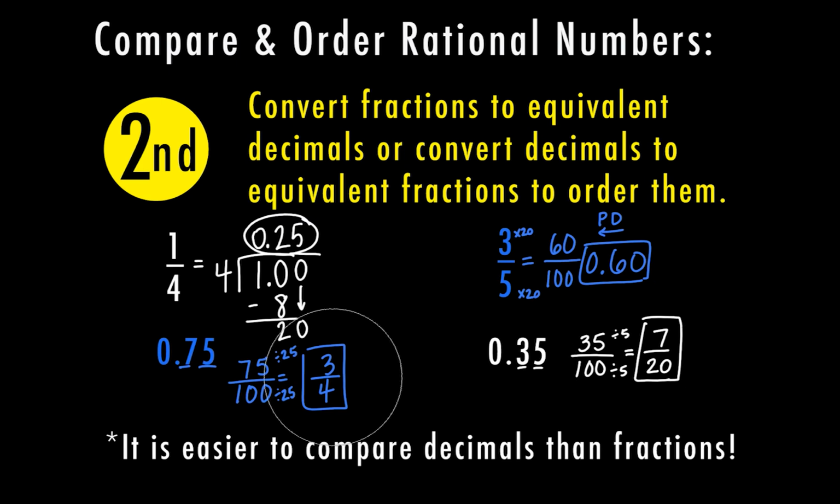So if you're comparing fractions, you have to have common denominators, which means there's an extra step. If you're comparing decimals, it's just like comparing whole numbers, only you're looking at the places after the decimal. So it is easier to compare decimals than fractions. So it's probably going to be easier, if you have a combination of fractions and decimals, to convert everything to decimals.